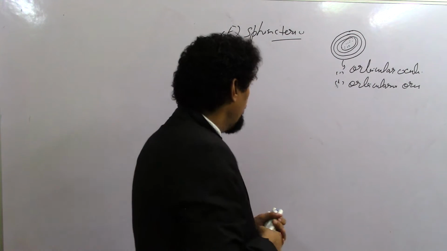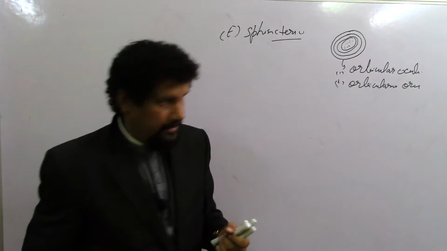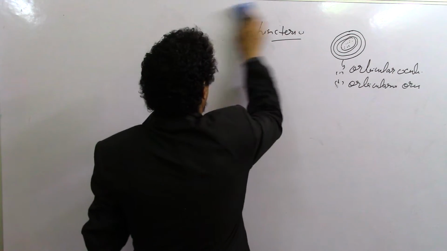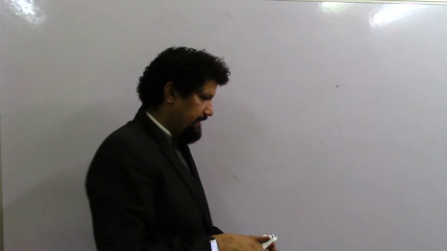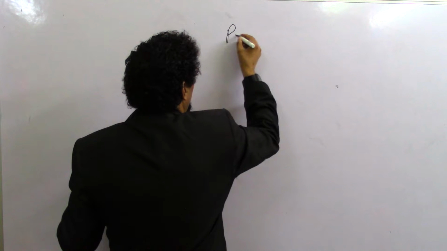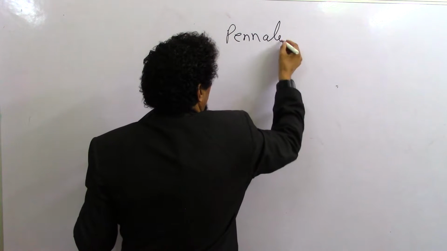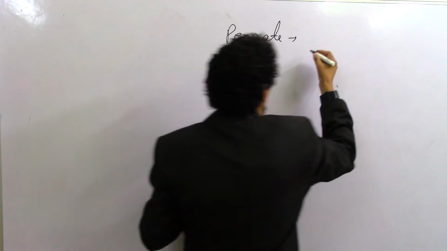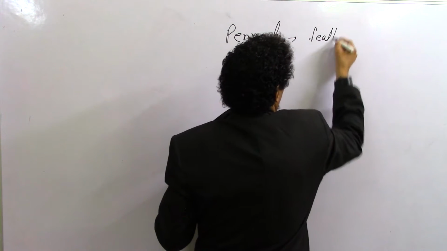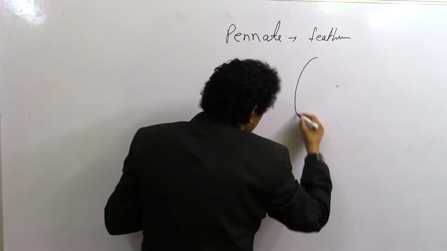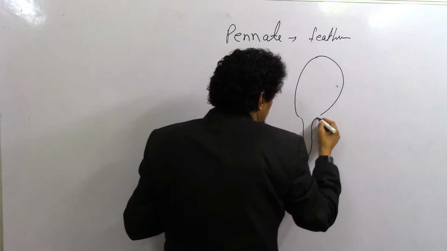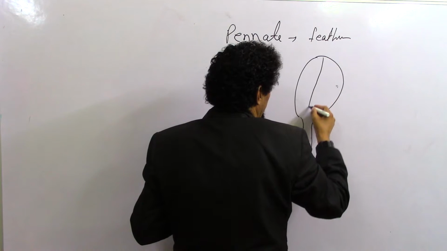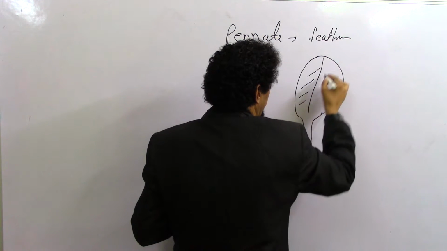The other pattern besides the parallel pattern is the pinnate pattern. Pinnate stands for feather. We can see the diagram of the feather, a leaf-like pattern.